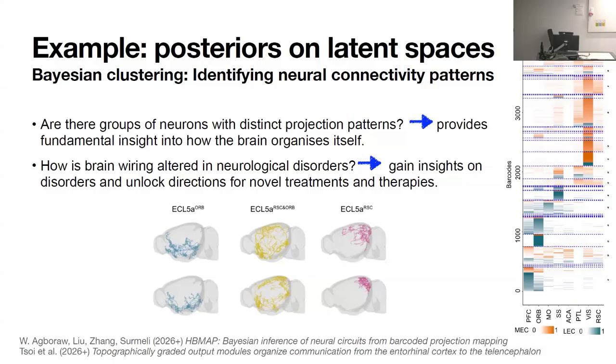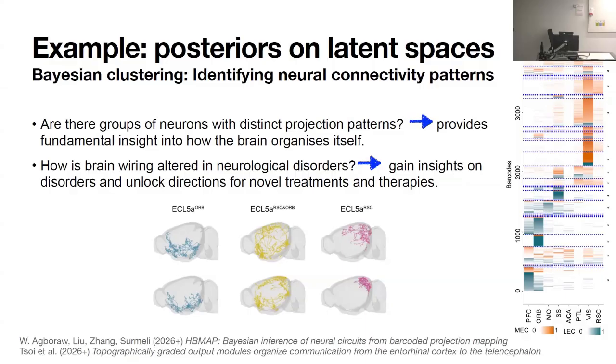And this is the new type of sequencing data that they have. We can now collect this for thousands of neurons in a single brain. For each individual neuron, that's a row in this matrix, we don't have the intricate wiring pattern, but they've used a sequencing method to take biopsies in different regions, and we get counts which reflect the strength of projection of an individual neuron to different regions.